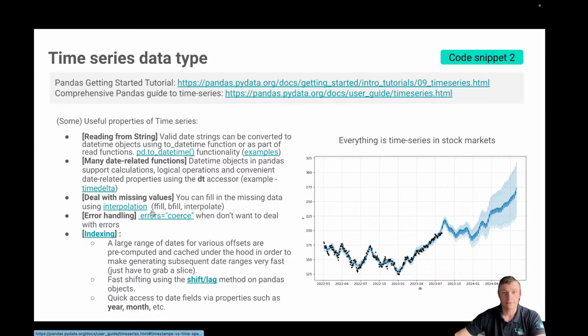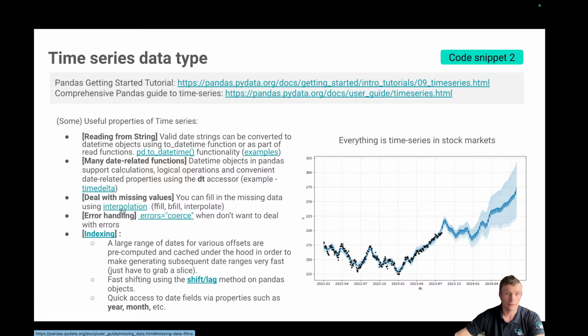Then you can also use functions like forward fill or back fill or interpolate if you don't have stats that are filled. So that's quite useful, and you will see later when we merge the data and when we don't have the latest data available, we will use the value that we saw recently.